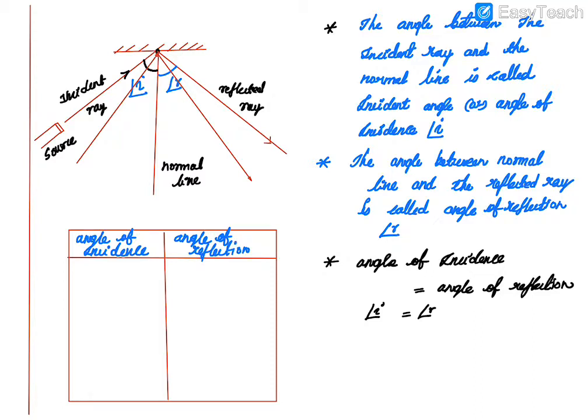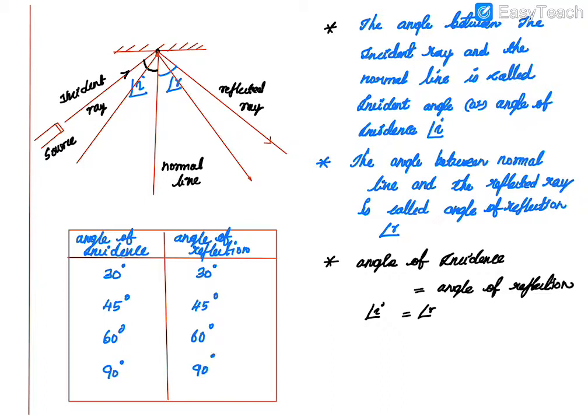If I focus 30 degree with respect to the normal line, what will be your angle of reflection? Here I equals R, so the angle of reflection is also 30 degree. If I focus 45 degree, your angle of reflection is also 45 degree. If I focus 60 degree, here also 60 degree, and 90 degree means here also 90 degree.